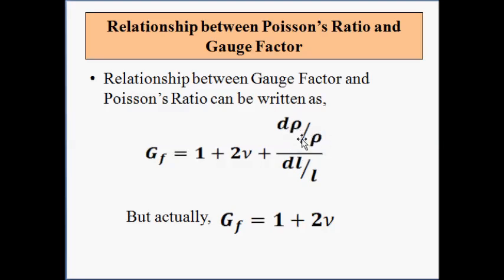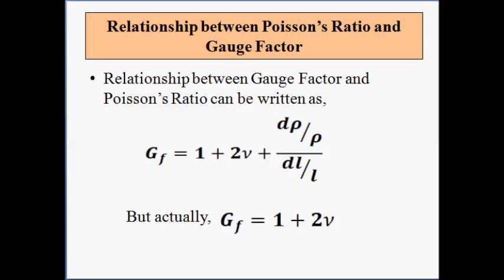It is not considered. So, you can just write down that gauge factor is equal to 1 plus 2 into Poisson's ratio. This is the relationship between Poisson's ratio and gauge factor.